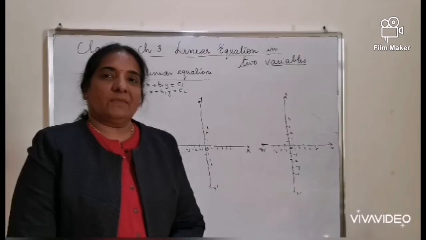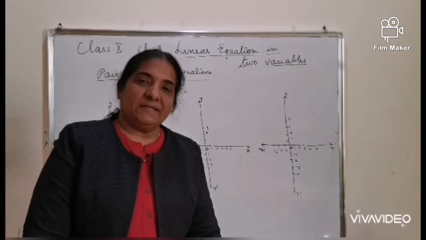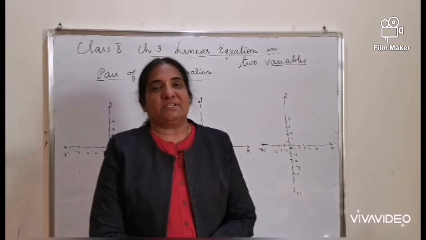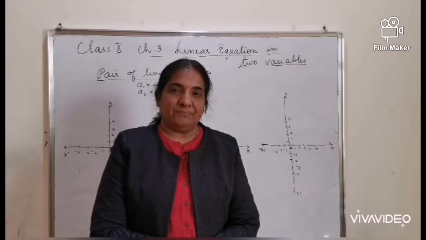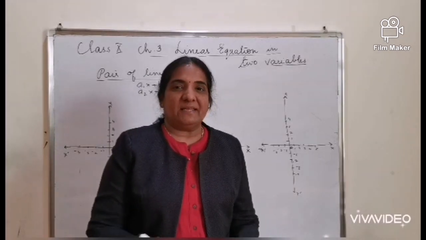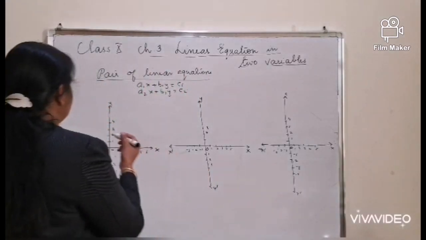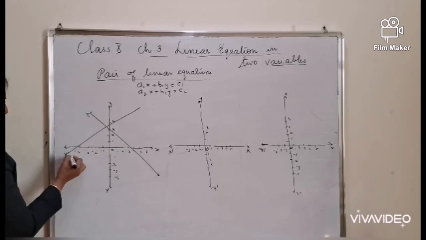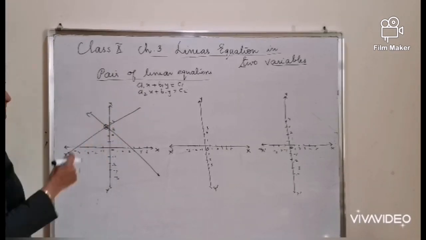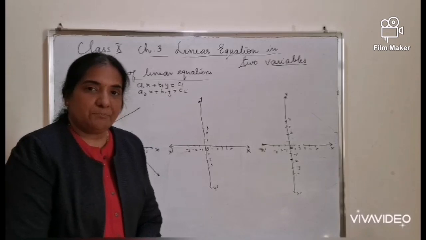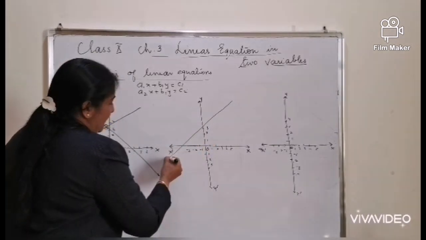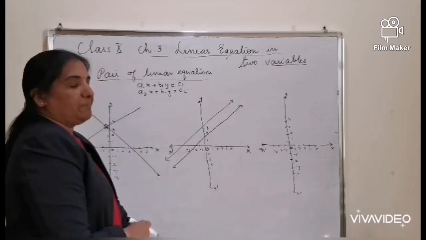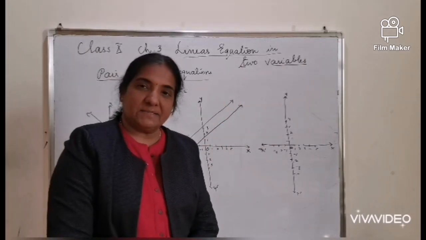What are the possibilities when you draw the graph of two linear equations on the same graph paper? The first possibility is the lines may intersect at a point. The second possibility is the lines do not intersect, or they represent parallel lines.